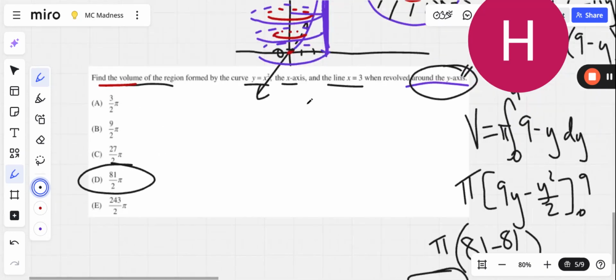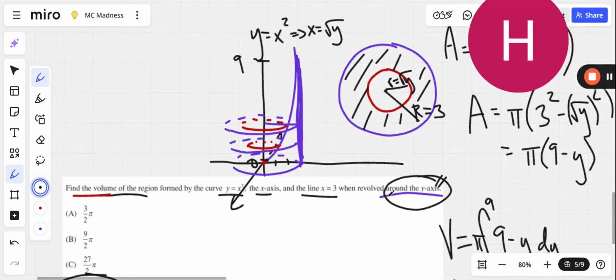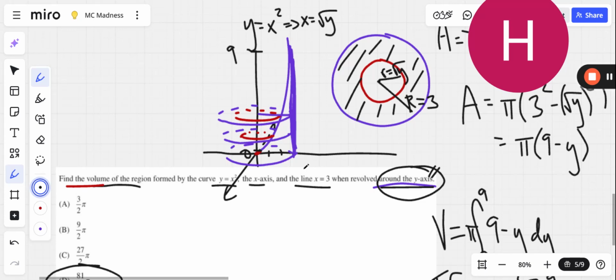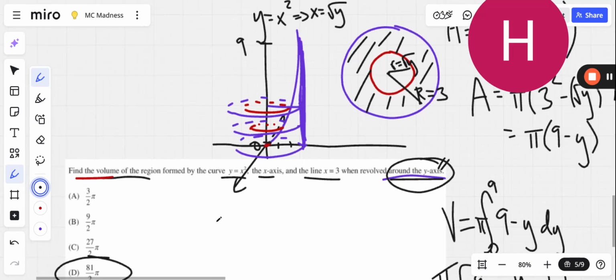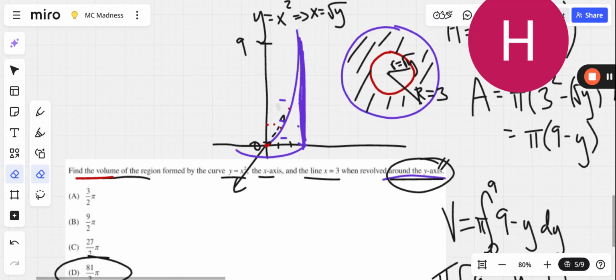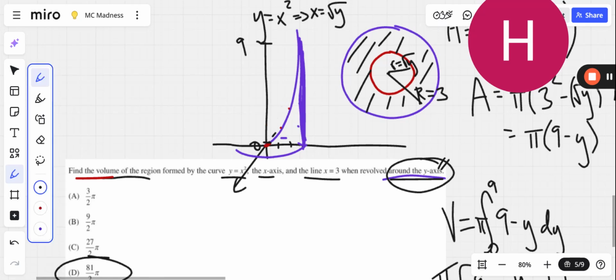Okay, so this is the washer method. Remember that whenever you're rotating a region around a vertical line like the y-axis, you're going to be doing dy integration. And you're going to end up with some washers here because we're not rotating it around one of the boundaries. You'll notice that one boundary, let me erase some of these disks, is that close curve that is this parabola y equals x squared.